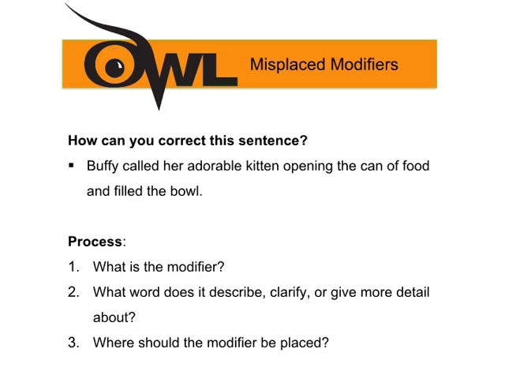This phrase needs to be as close as possible to what it modifies, in this case, Buffy. This slide also offers a process that students can use to help correct misplaced modifiers. The facilitator may wish to work through this process on this example with students or have them work in small groups.